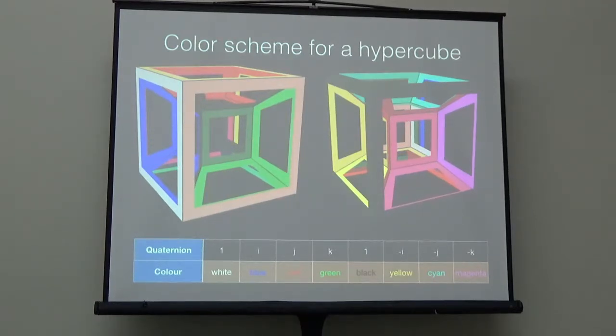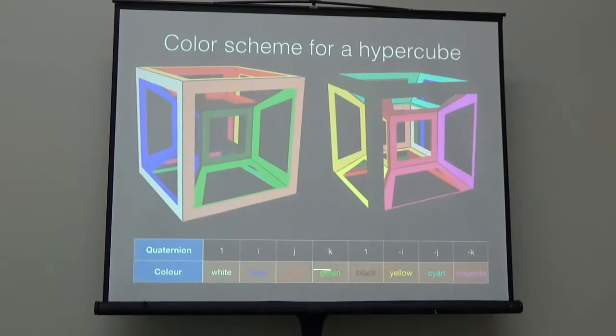Well, I've got a hypercube sitting in 4-dimensional space. How do I relate that to Quaternions? Well, Quaternions have 4 elements. What I can do is take my hypercube, which is some polytope, and radially project it onto the unit sphere in 4-dimensional space. And then the points on the unit sphere are all nice unit Quaternions. I can view them as unit Quaternions.